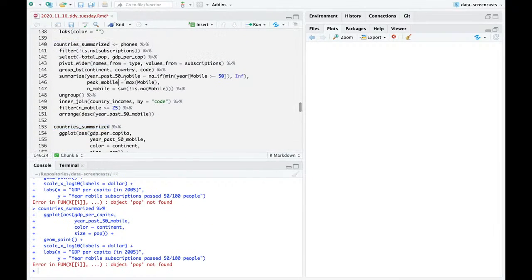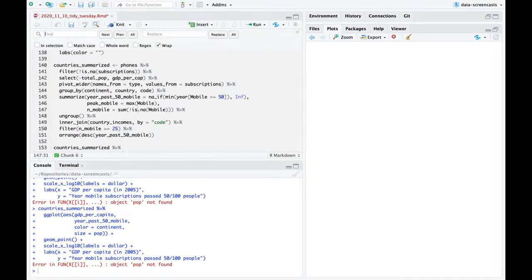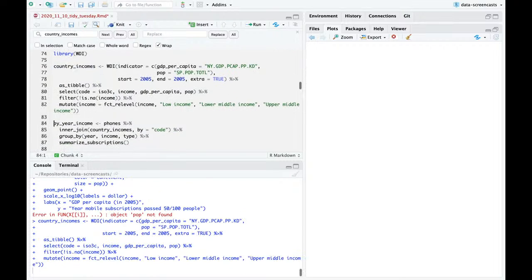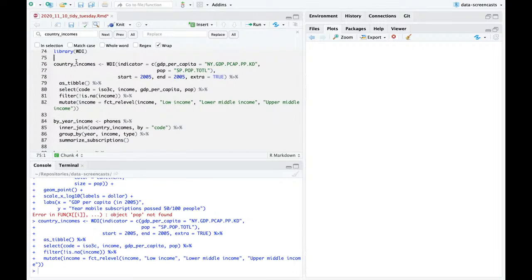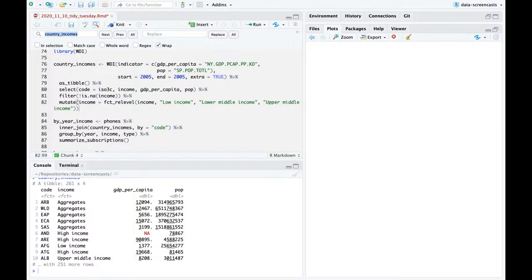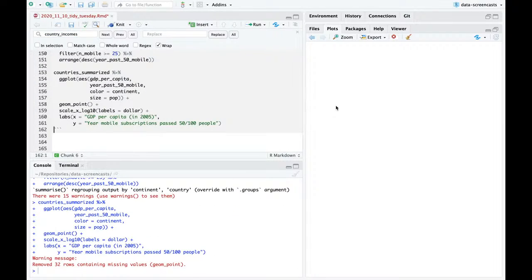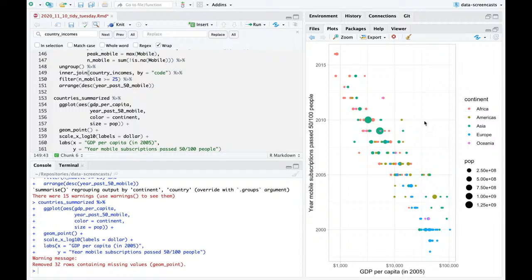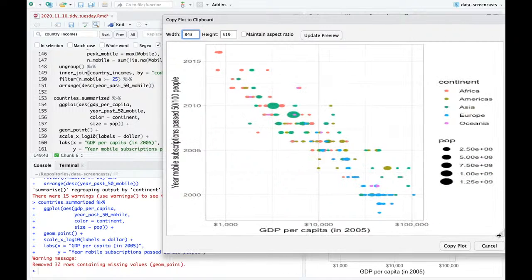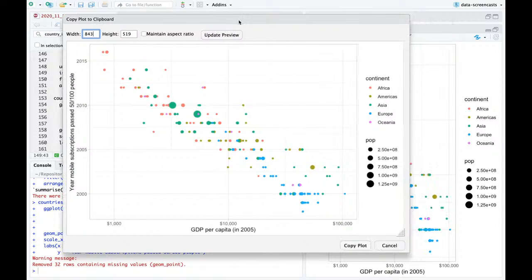And I need, oh, I didn't rerun this line. No, I did rerun this line. I did not rerun this one. Okay, so now this helps get some of the attention onto the largest countries.